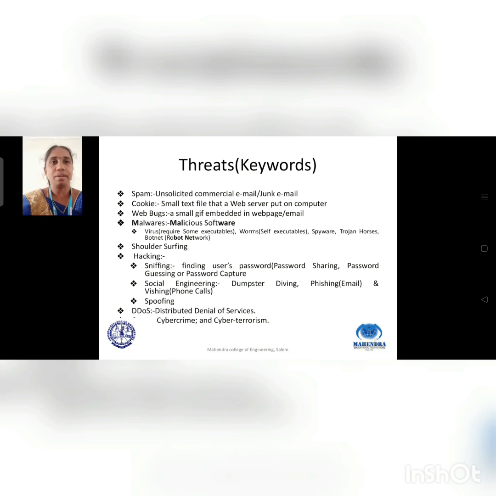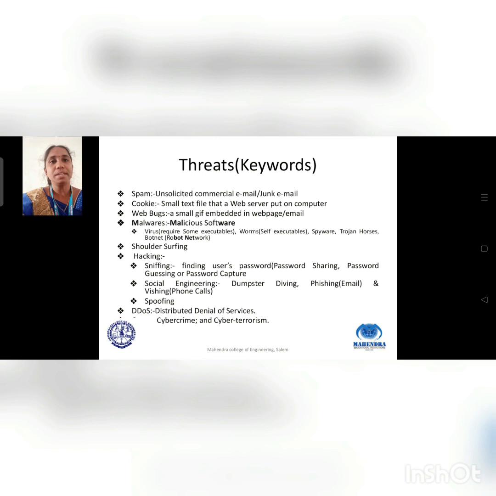Next one, threats keywords. Threats keywords means spam, cookie, web bugs, malware, hacking, etc. Spam means unsolicited commercial email, junk email. Cookie means a small text file that a web server puts on a computer.